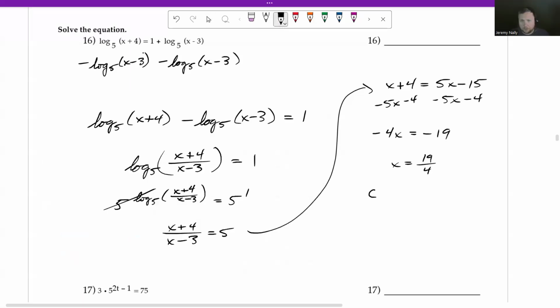It worked. So checked with calculator. So x is an element of the set just containing 19/4 as far as the solution set is concerned.